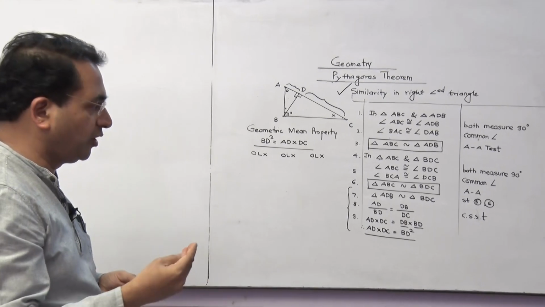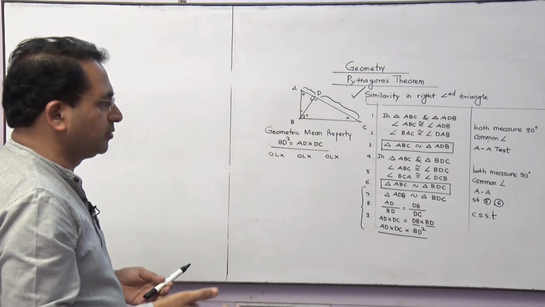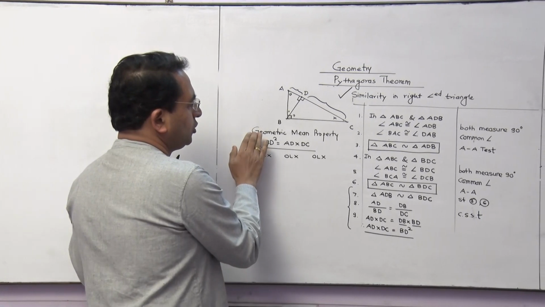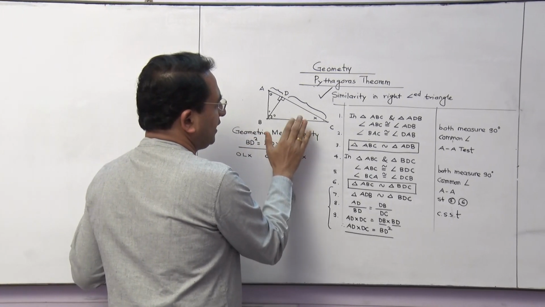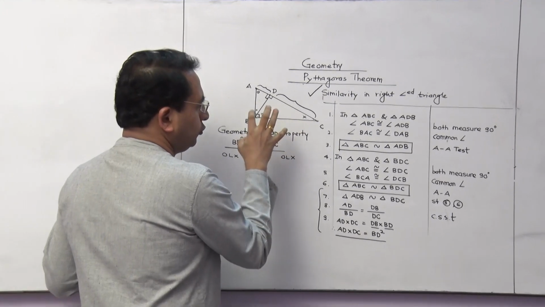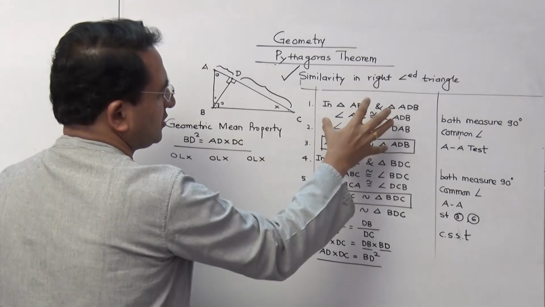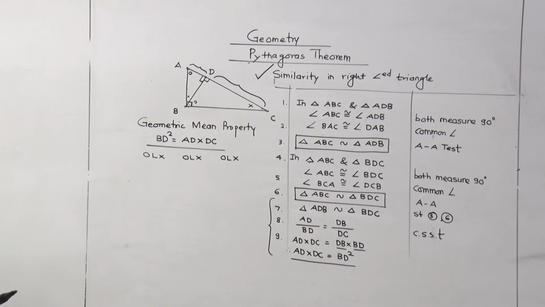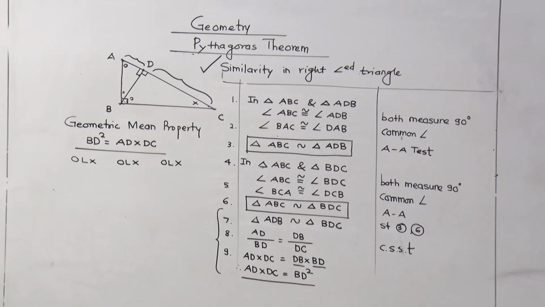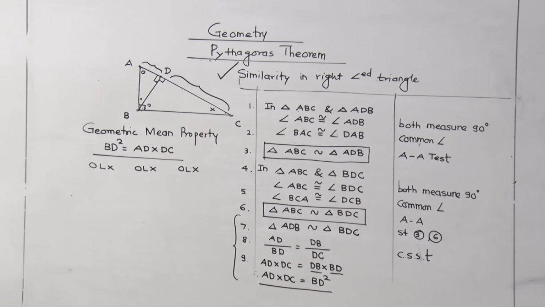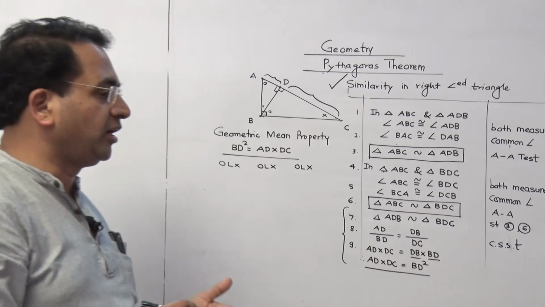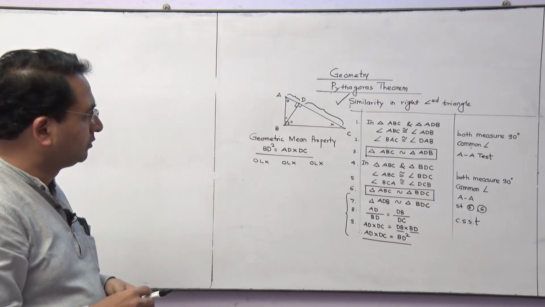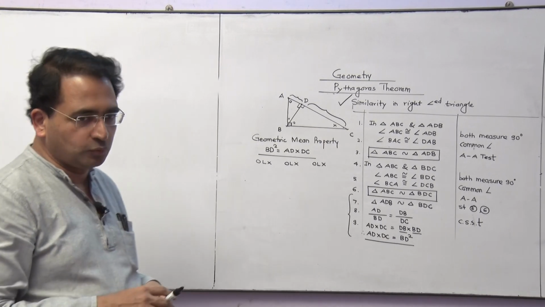We have to make a slightly different change, but that you can easily understand. You understood this part, the geometric mean property of a right angle triangle. We have to do it on the basis of the same pattern as the earlier theorem. I hope you must have understood this. There is a possibility of some questions definitely based on the geometric mean property of a right angle triangle. We will go for the Pythagoras theorem now.